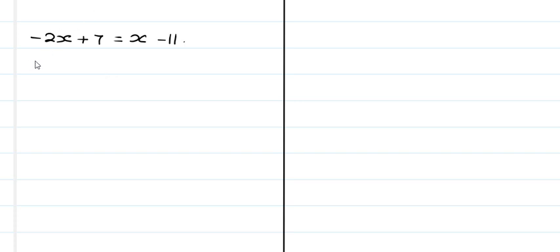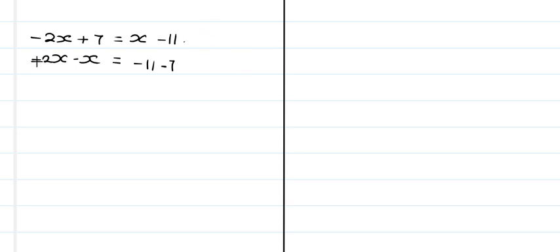So in this case, I have negative 2x, and then I have an x here, so I take it to the left side, and because here it was positive, it will be negative on this side, so it will be minus 2x minus x is equal to, I have negative 11 here, and then I have a 7 here, which is positive, and when I take it to the other side, it will be negative, so it will be negative 7.